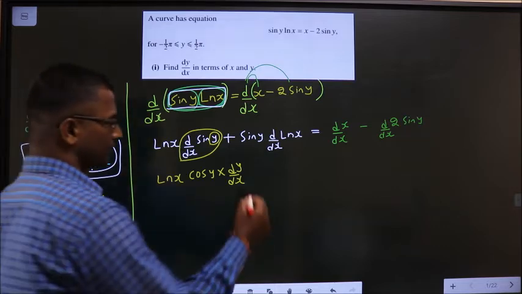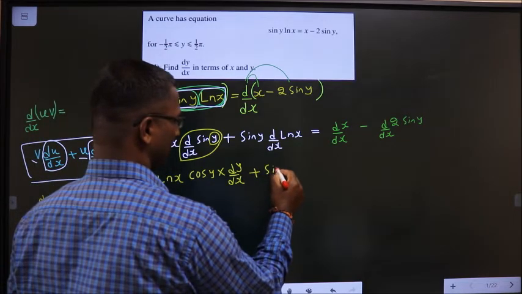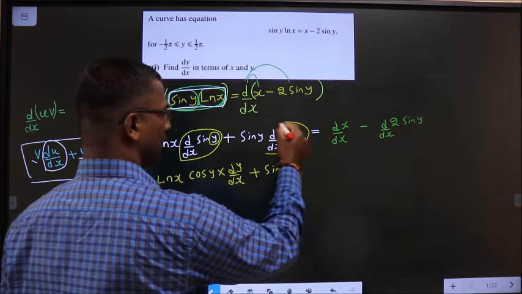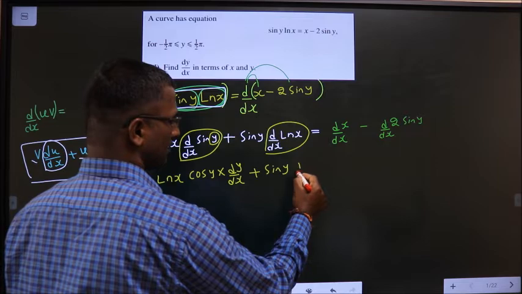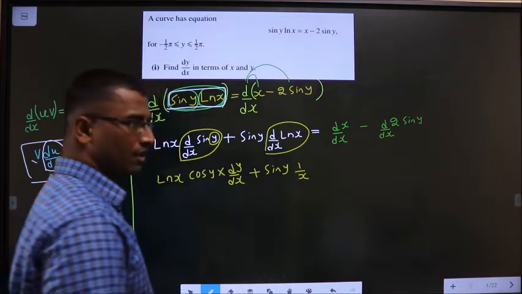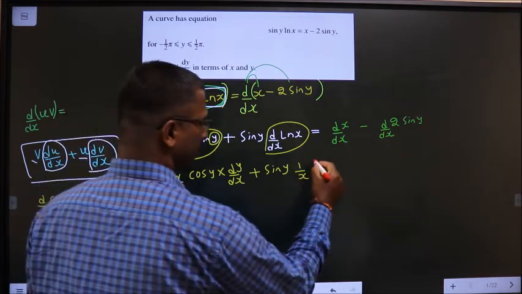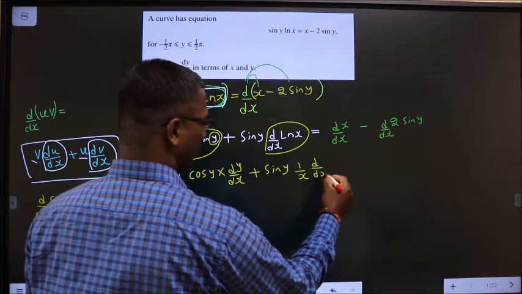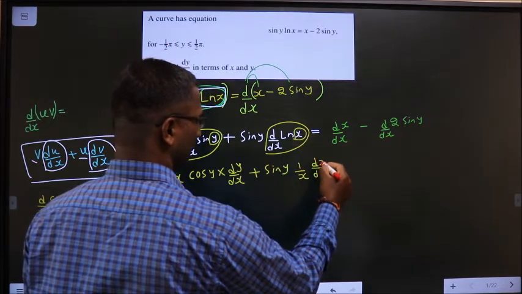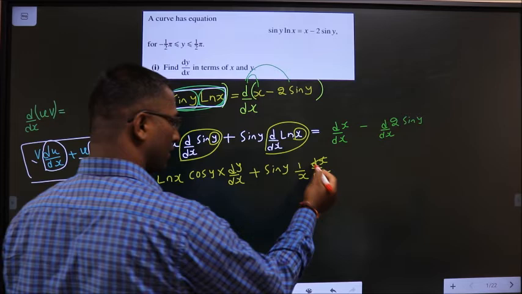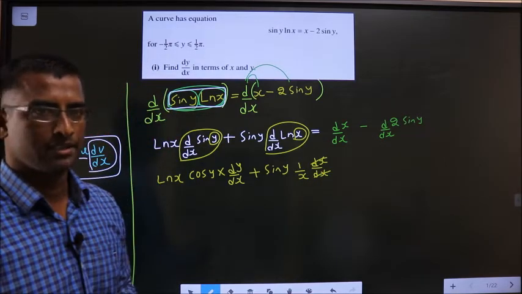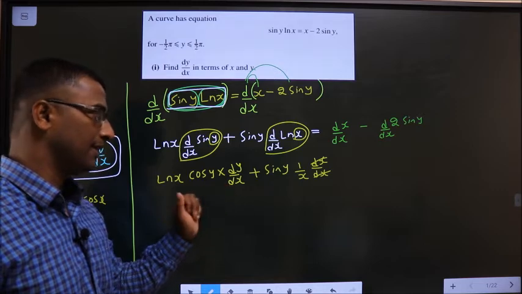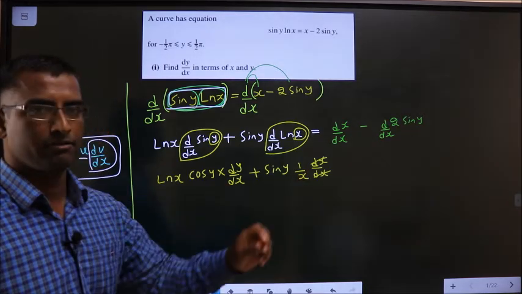Next, plus sin y. Now what is d by dx of ln x? Differentiation of ln x is 1 by x. Okay, and the good practice is to write d by dx of this letter x. No doubt it becomes 1, but sometimes many people forget to write it, thinking that anyhow it will become 1.